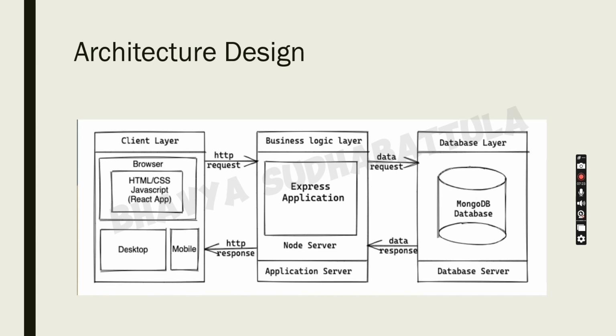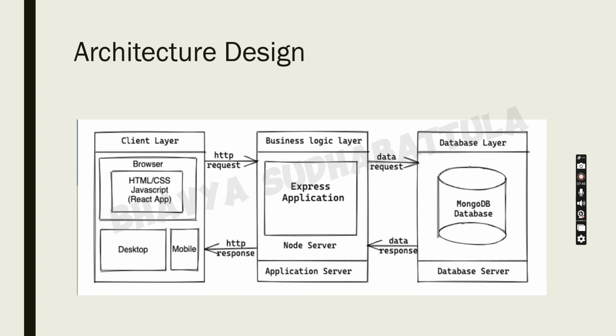For example, if we consider searching WebStackAcademy on Google, it's the client request we are sending. It will go in the form of an HTTP request to the database layer through the logic layer, and it will give the images and whatever text reviews about the company, or internships.